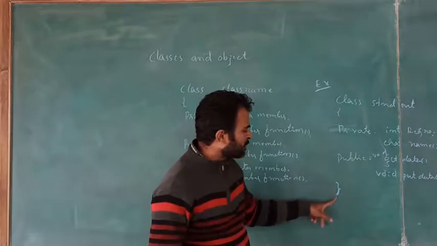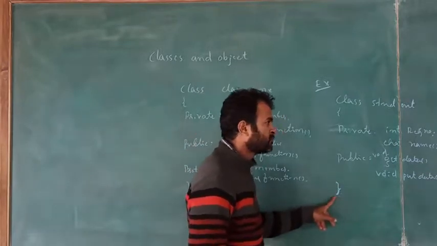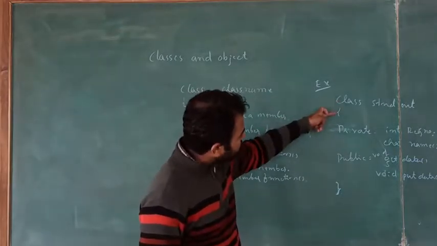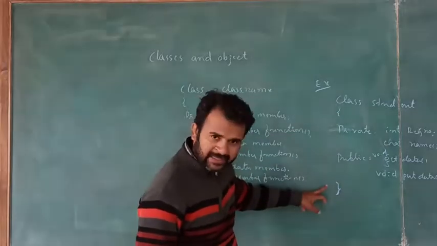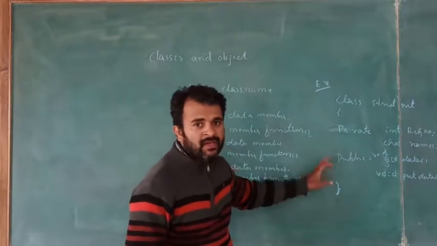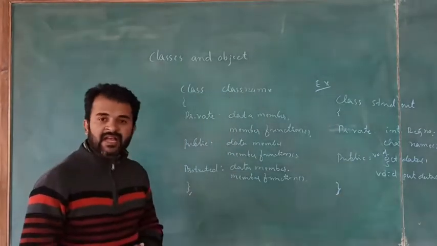When it closes, it is followed by a semicolon. The class body is enclosed within braces and followed by a semicolon. This is a simple example of a class definition.